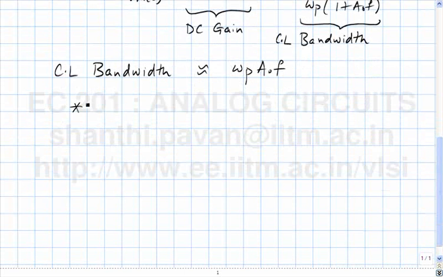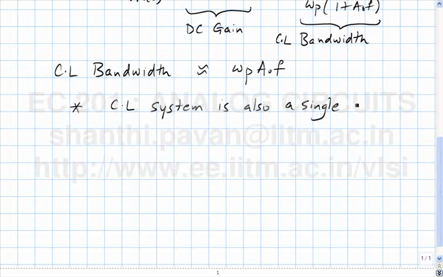If the forward amplifier is a single pole system and the feedback network F is constant, then the closed loop system is also a single pole system. Can you comment on the stability of the closed loop?